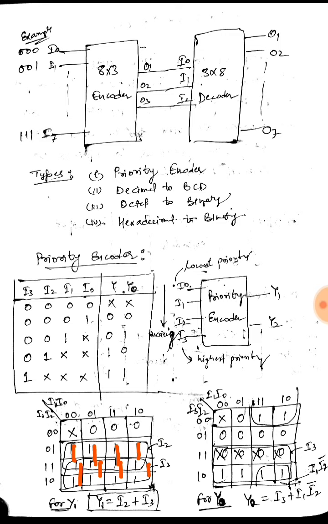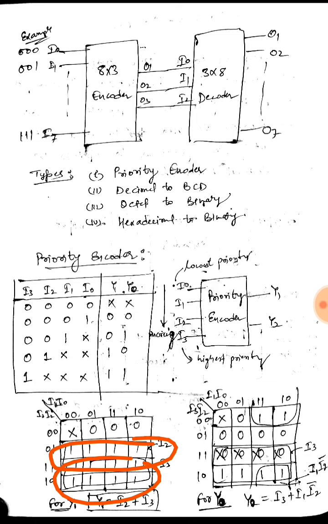Similarly, for I3 equal to 1, no matter what is the status of I0, I1, I2, that is for these last two rows, I will be having my function Y1 as high, so in the last 4 cells it would be 1. Now when I make the octets, 2 octets are possible.